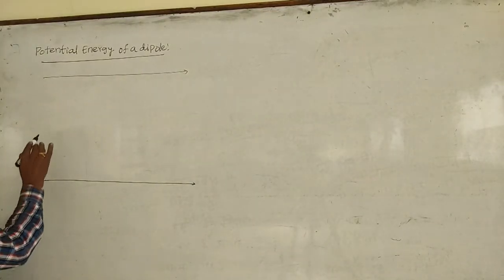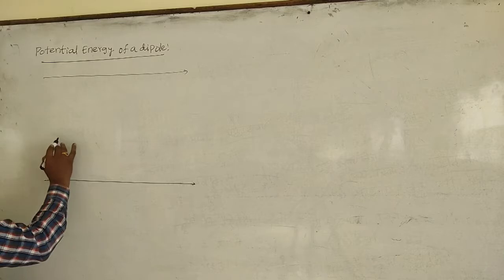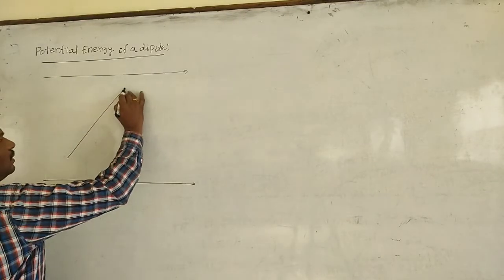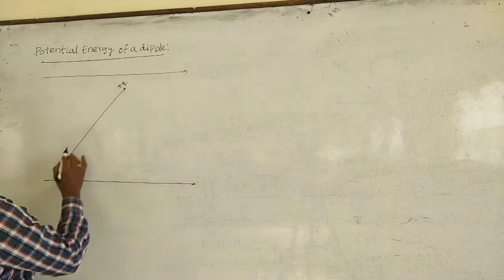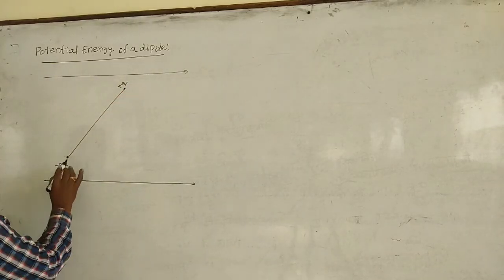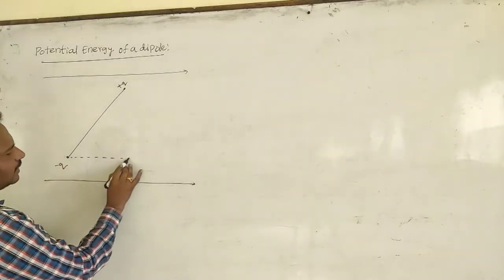In this uniform electric field, we place an electric dipole with dipole moment P, which makes an angle theta with the electric field.